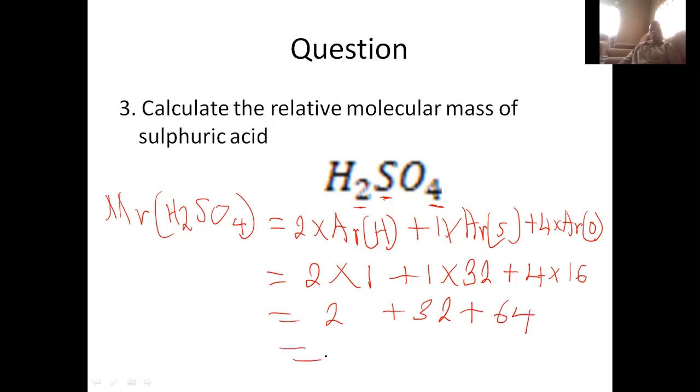And what we get is 98. And so the relative molecular mass for sulfuric acid is 98. And so this is how we can calculate the relative molecular mass as well as the relative atomic mass.